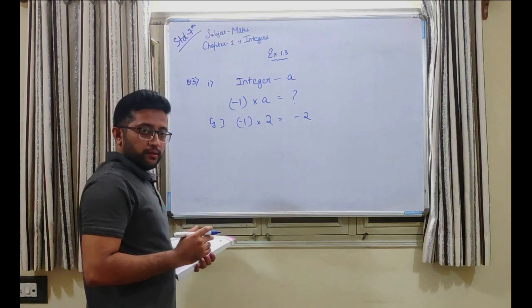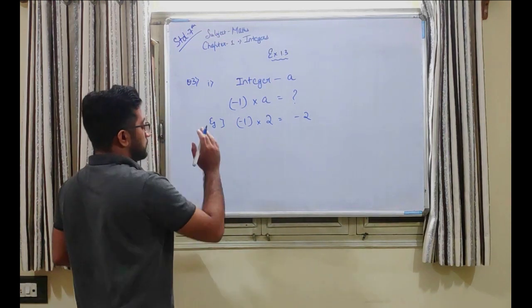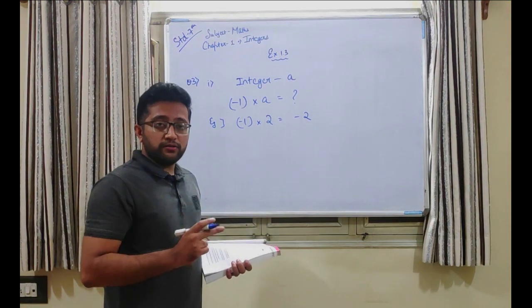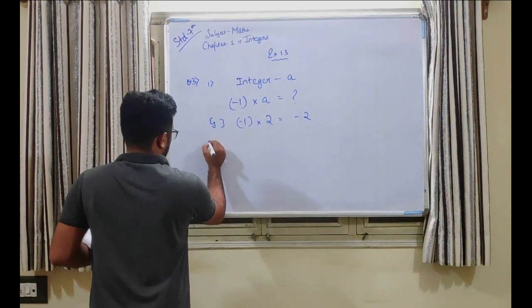Okay, so your answer must be, if we multiply any integer with minus 1, your final answer will be its additive inverse. Okay, so let me write the statement for you.